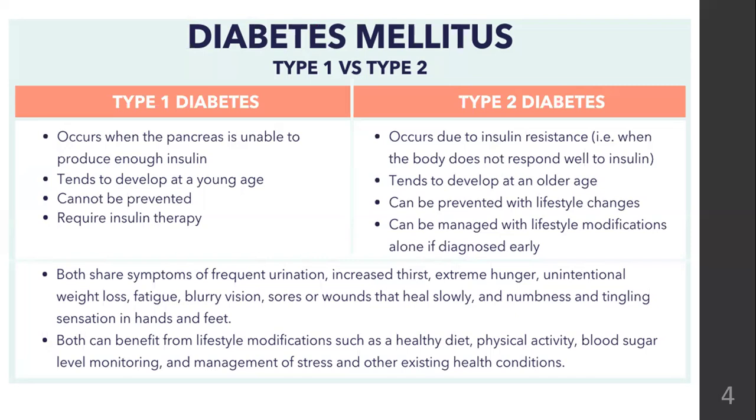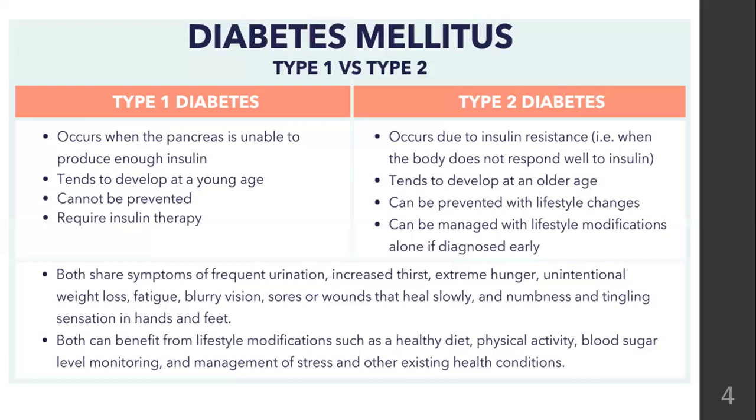Type 2, as we have just discussed, is because of insulin resistance. And type 2 diabetes usually happens in older people, not in young age. Young kids still can get type 2 diabetes. There are cases of that as well. Kids who are obese from a very young age tend to get diabetes early, and you can prevent this with lifestyle changes.